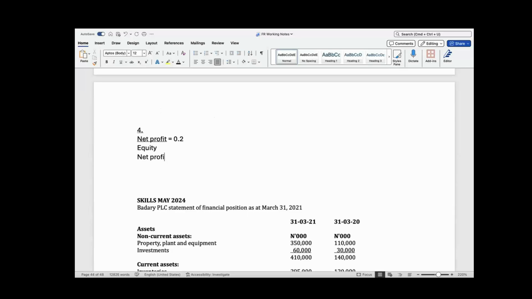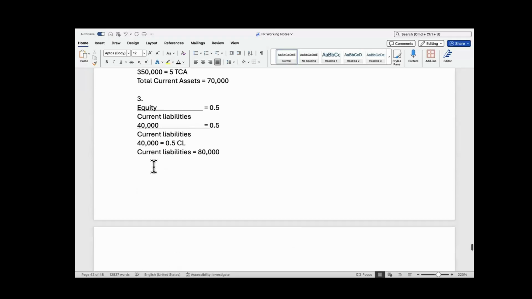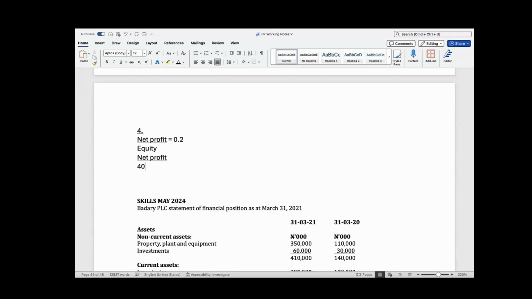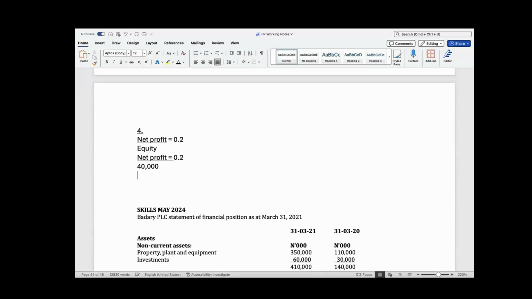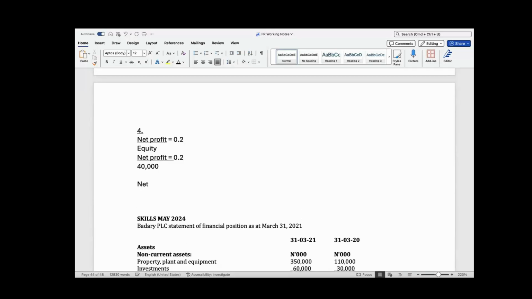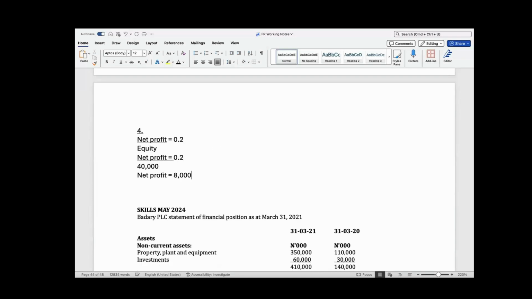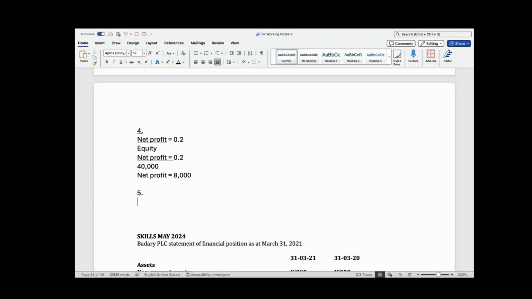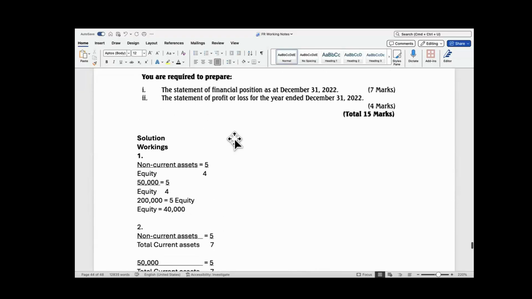I don't know my net profit, but I know my equity, which I got as 40,000 up there. If I cross multiply, net profit equals 0.2 times 40,000. That's simply 8,000. So I've gotten net profit too.